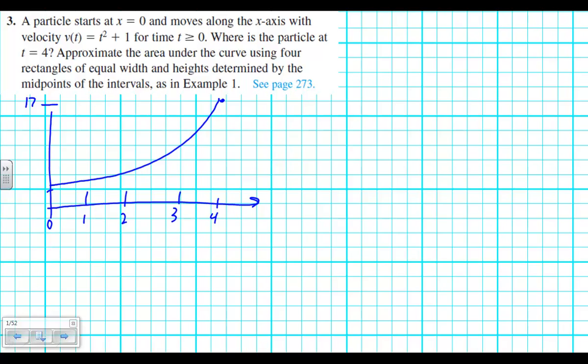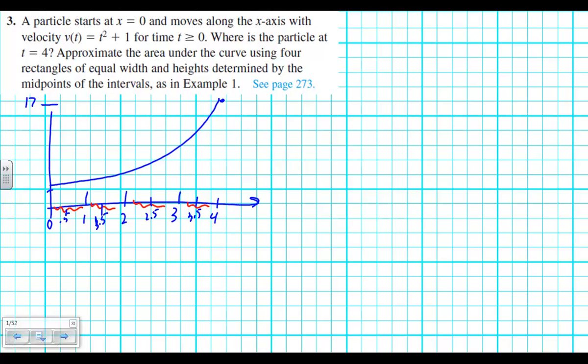All right. Now, it's going to ask us to use 4 intervals, and so each interval will nicely be here, 1, 2, 3, and 4. But since we're going to use the midpoints, our midpoints are going to be here at 0.5, 1.5, 2.5, and 3.5.